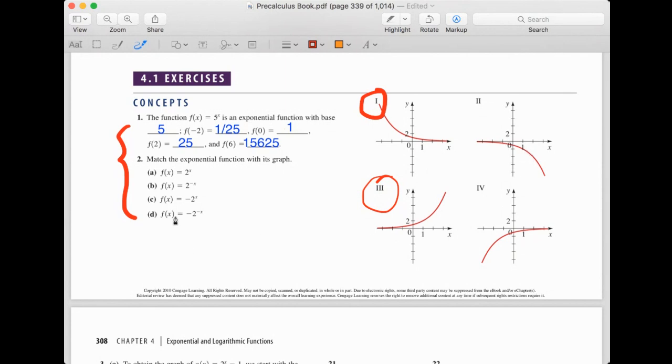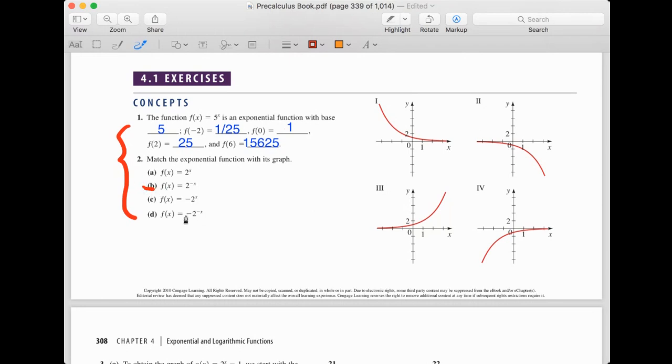So would you like to try to explain D? It's a similar reason. Which graph is 2 raised to negative x? Then you just negate the graph. No, you said C is 2, right? What about 2 raised to negative x? Which one is B?